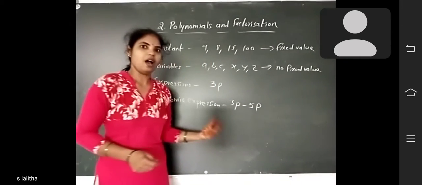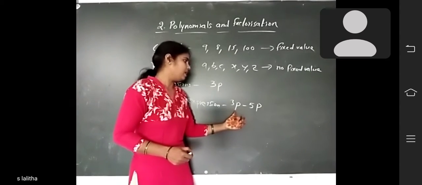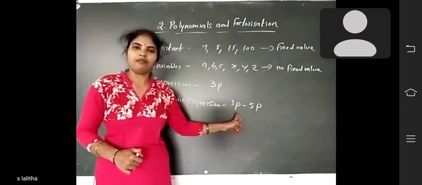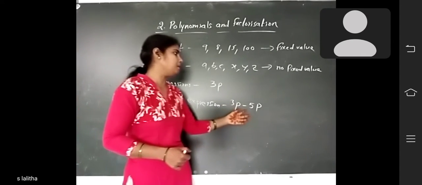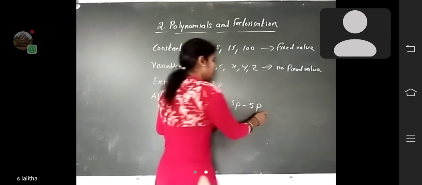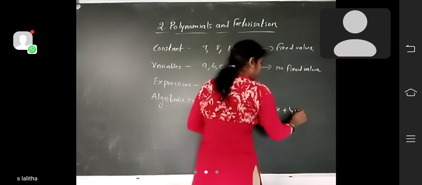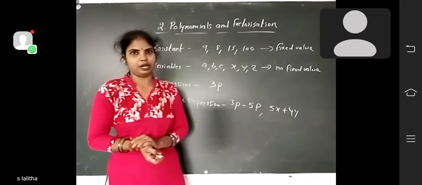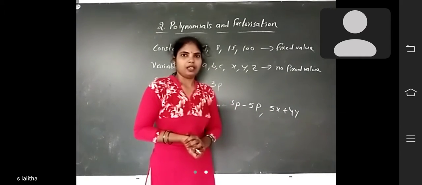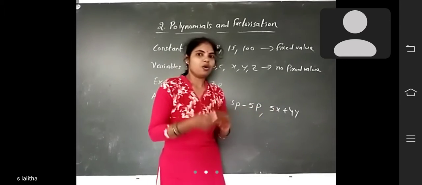So here how many terms are there? 1, 2. Two terms are there with minus. So 3p minus 5p is an algebraic expression. Okay. So 5x plus 4y. This is one more algebraic expression. Did you understand? Here what are the variables? x and y.